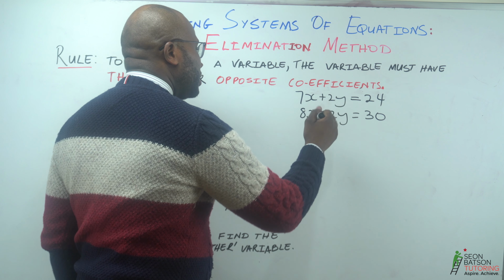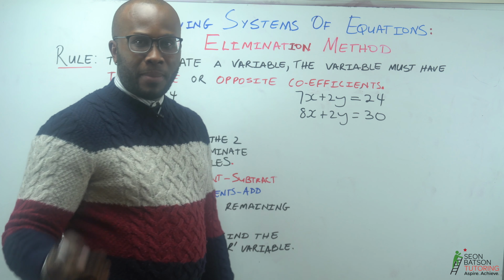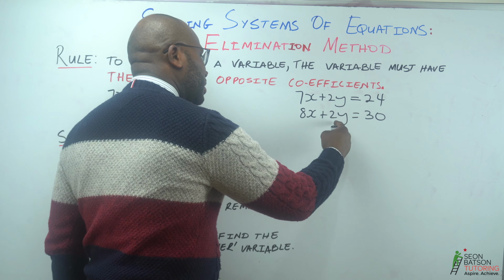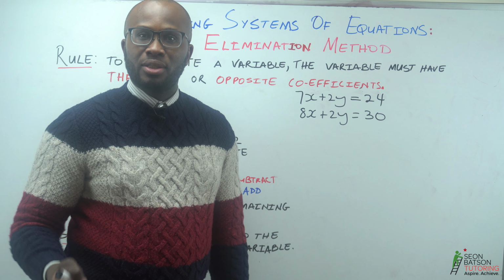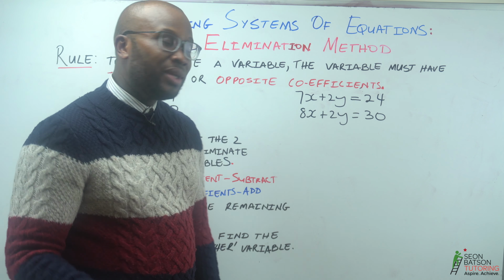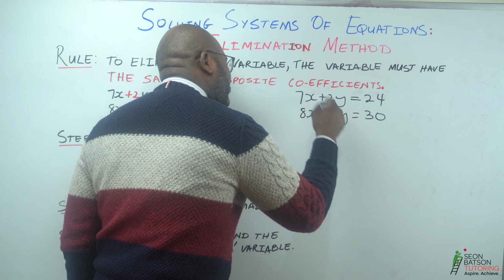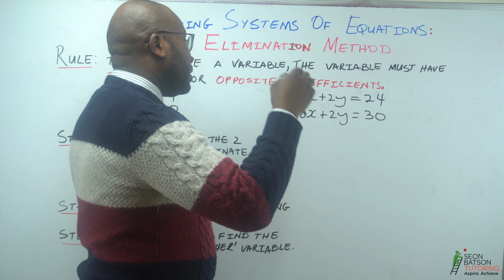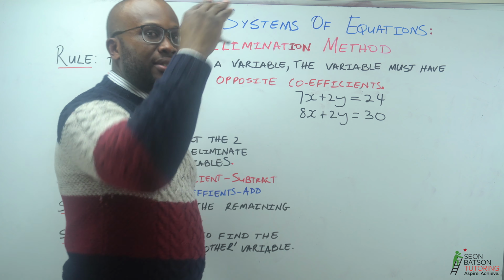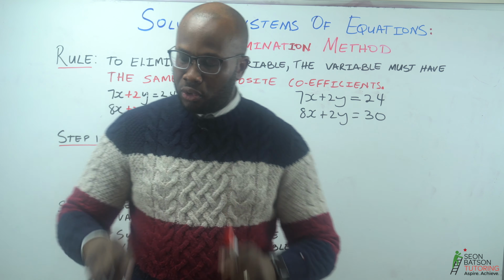In the first equation, the coefficient of the y is positive 2. In the second equation, the coefficient of the y is also positive 2. So we can get rid of the y, or eliminate the y, because the coefficient of the y is the same. Now, remember the rule.